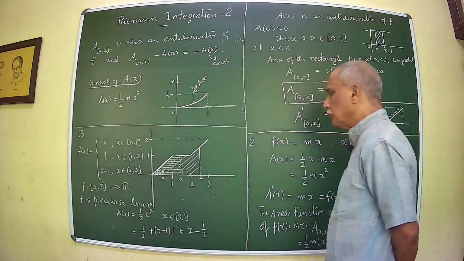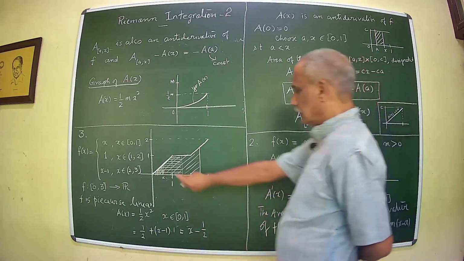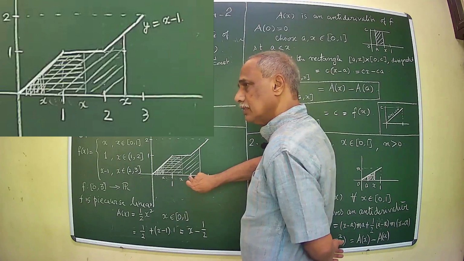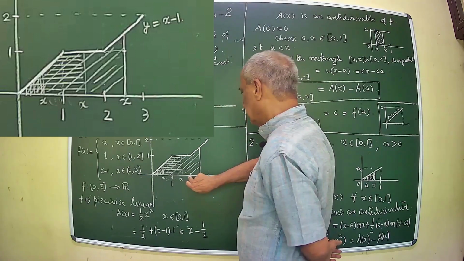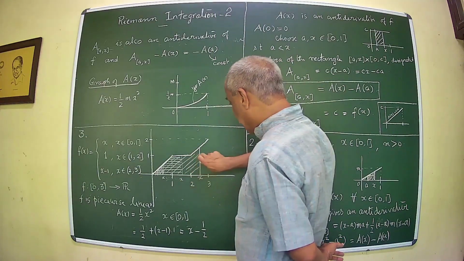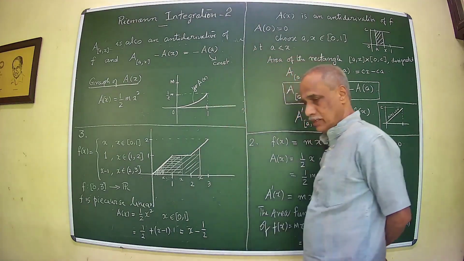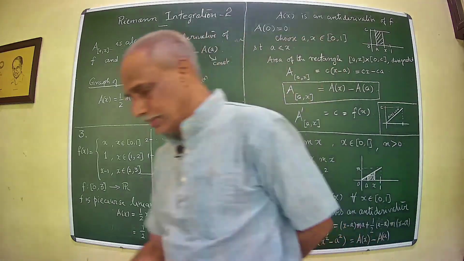So when you compute this, you see that it is a triangle up to this, and then a square, and then a rectangle plus a triangle. That's how you calculate this.